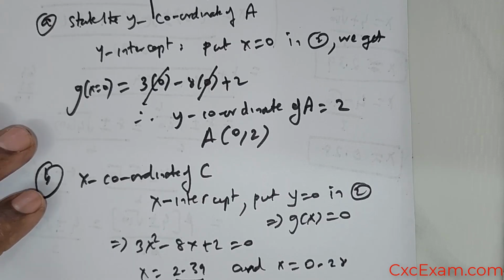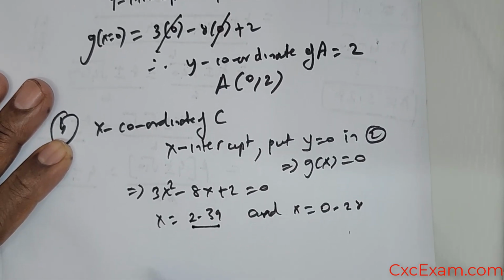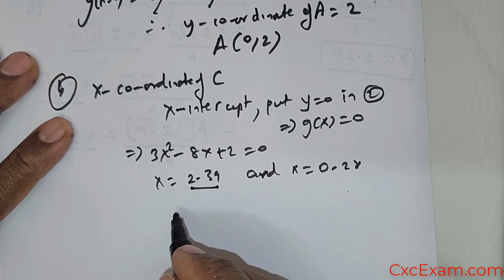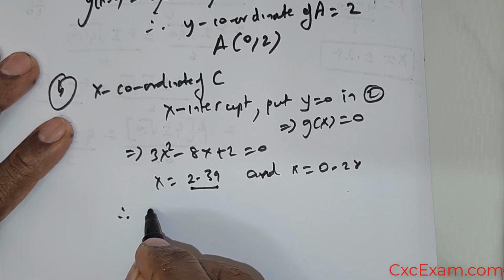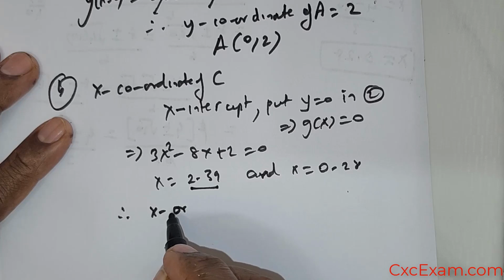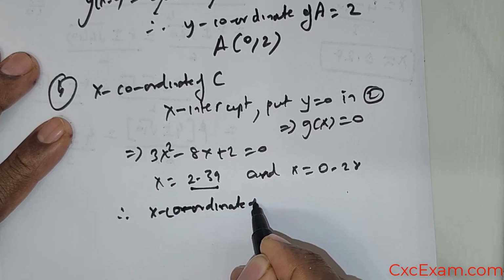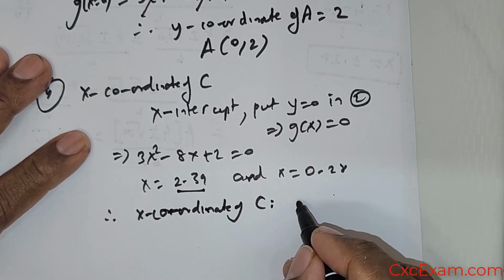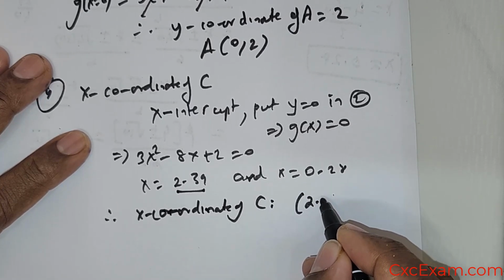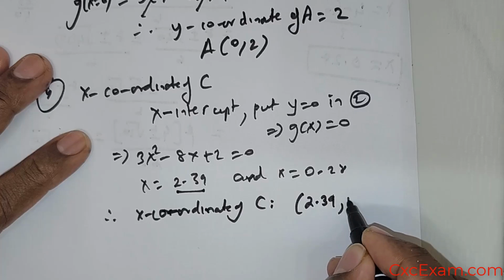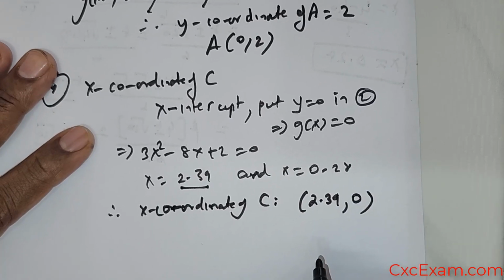So the x coordinate of C is without any doubt 2.39. So the point C is (2.39, 0).